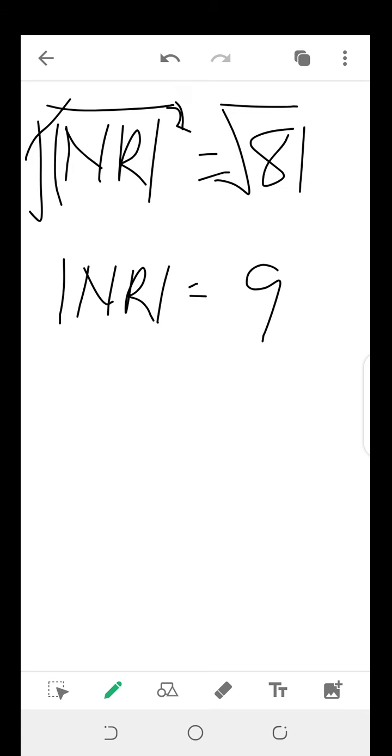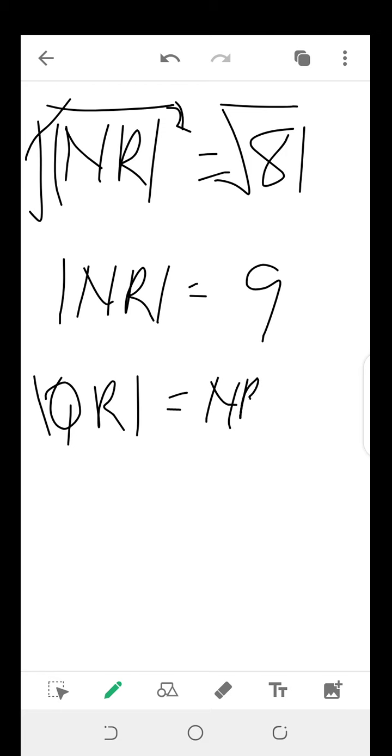So now, for us to get the magnitude of QR, you see the magnitude of QR is equal to the magnitude of NR plus the magnitude of QN.